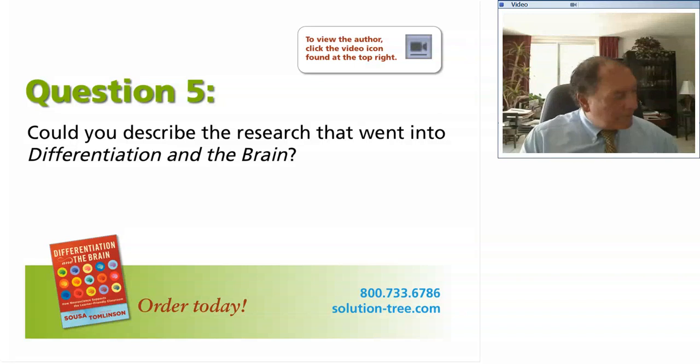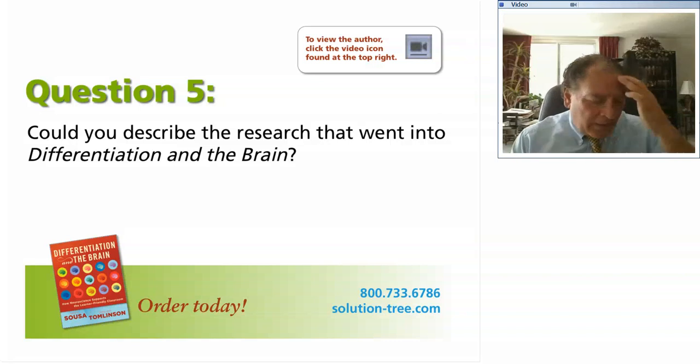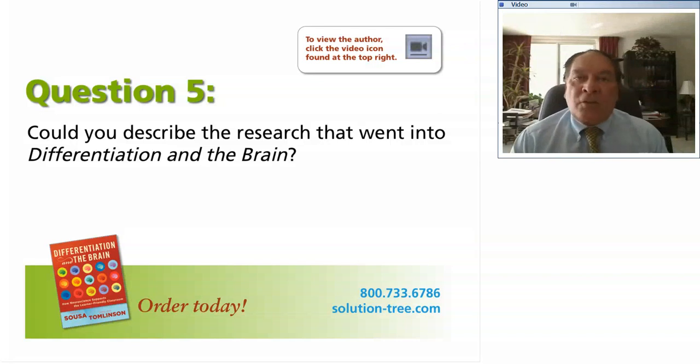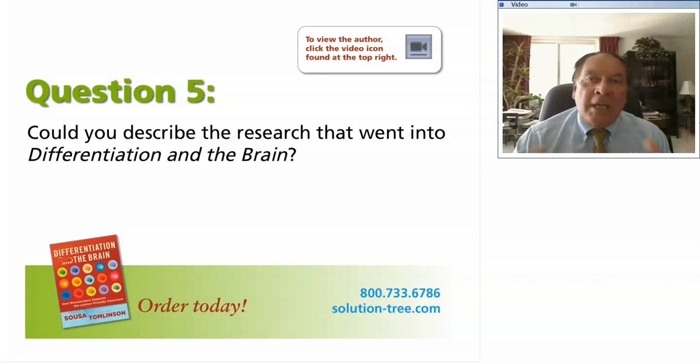Could you describe some of the research that went into differentiation in the brain? Sure. As I mentioned earlier, we looked at the 4 ways in which teachers can differentiate in the classroom. Taking each one of those, we looked at the research that was out there. For example, let's start with the first one, content.